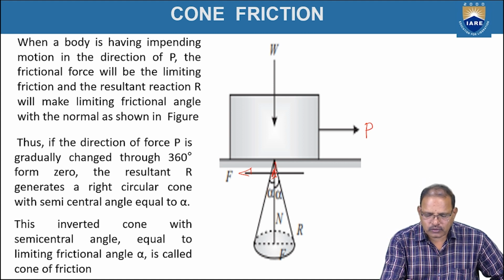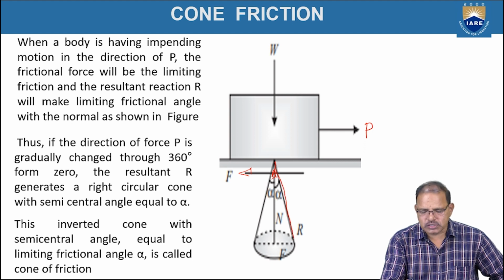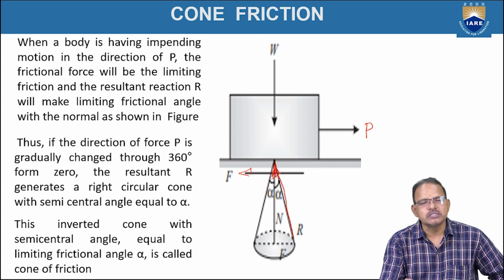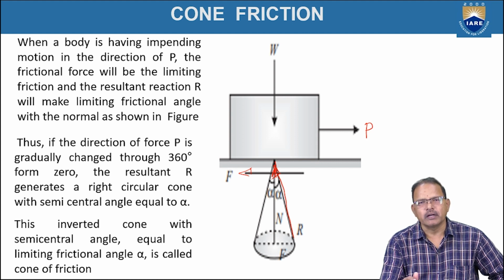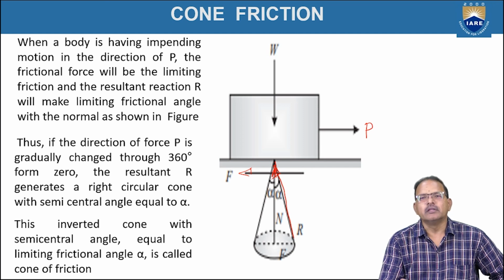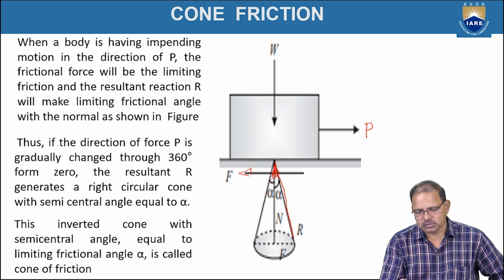The direction of the resultant force always tilts at a certain angle so that it can prevent the motion of the body. But when the direction of the applied force changes from 0 to 360 degrees, the resultant force also changes its direction from 0 to 360 degrees.